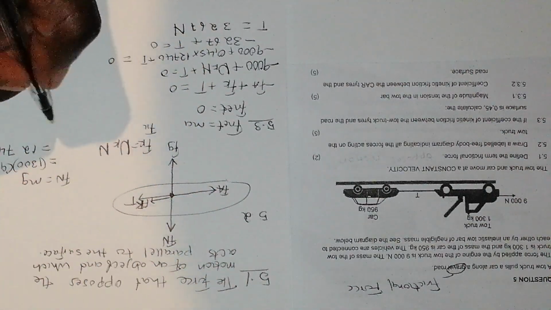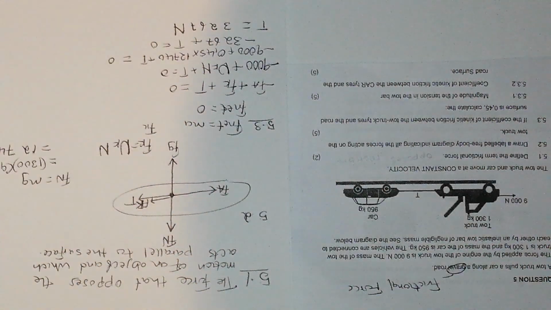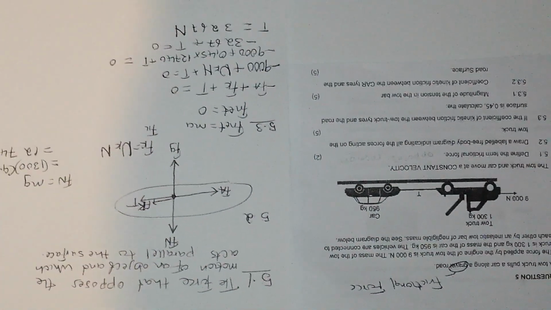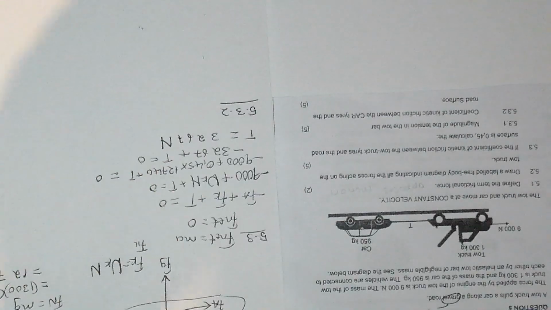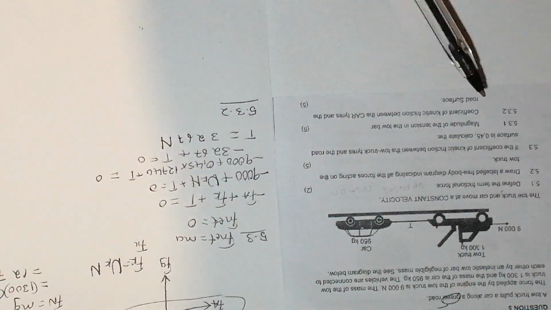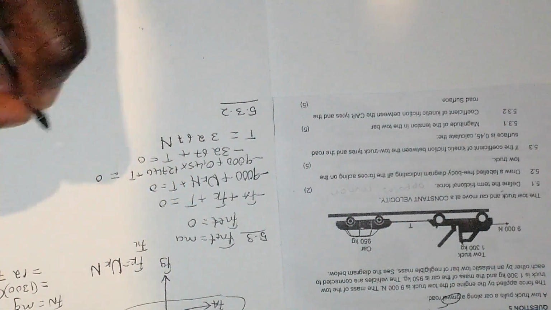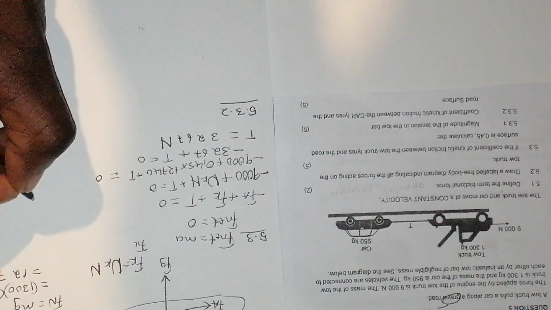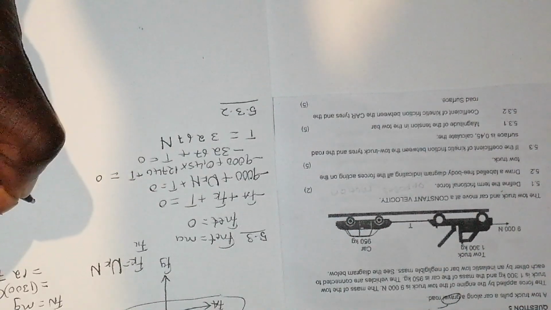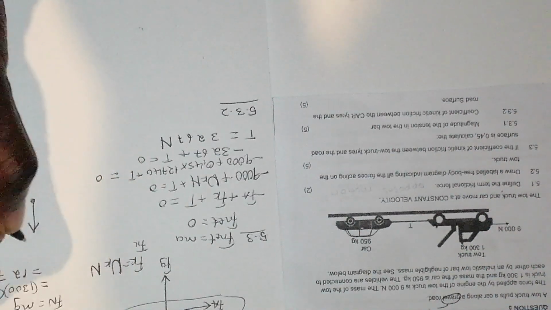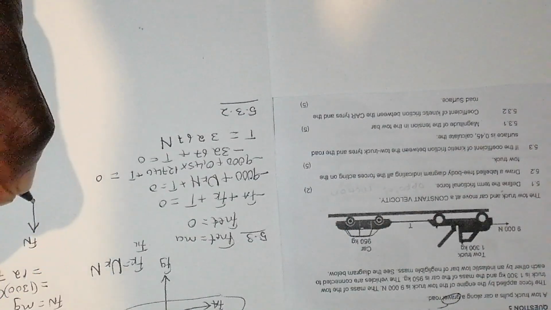Now, this is what we're going to do. First, let us draw the free body diagram of the car. Then it will be Fn.